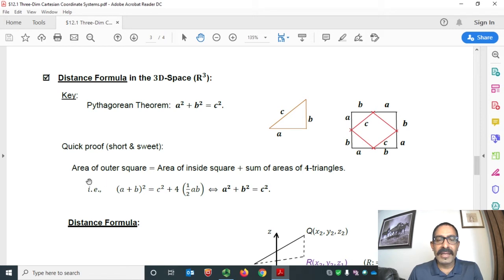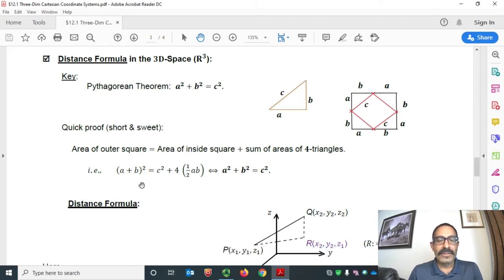Then the area of the outer square equals the area of the inside square plus the area of these 4 triangles. So the outside square area is simply (a plus b) squared, which equals the area of the inside square, c squared, plus 4 triangles, so 4 times the area of a triangle, which is half base times height. Height is a, base is b, so half ab. Simplify, it gives you a squared plus b squared equals c squared.